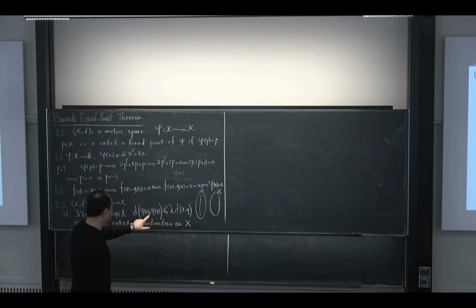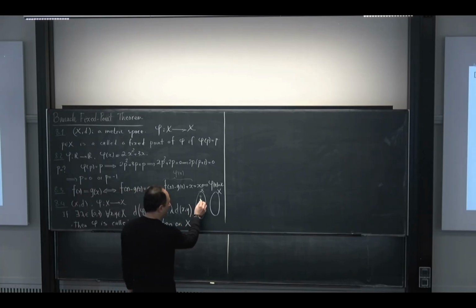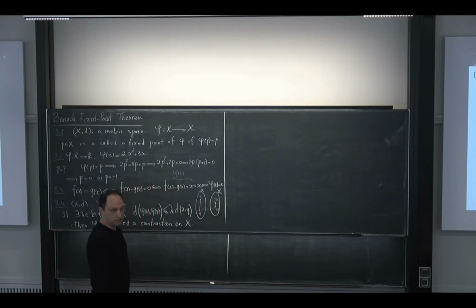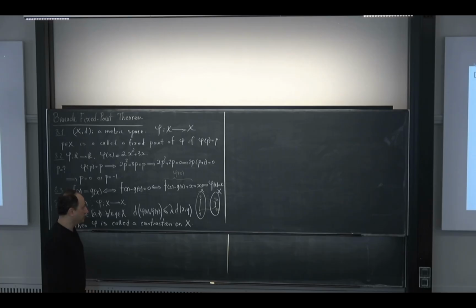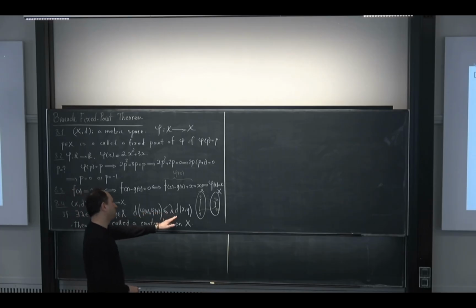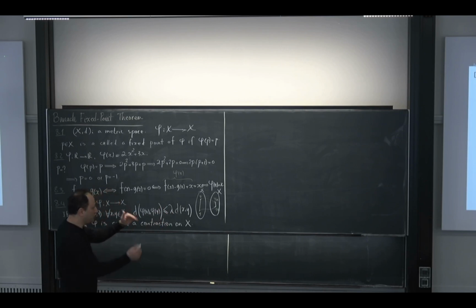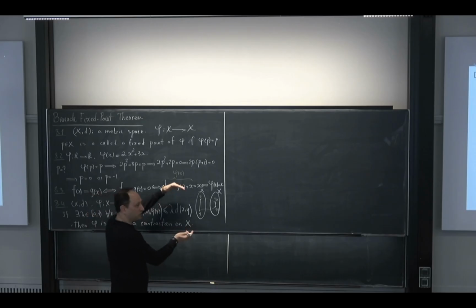Because it is being multiplied by a factor which is strictly less than 1. So this means that, for example, phi x goes here and phi y goes here, so that the new distance is smaller than the old distance. By what factor? By a factor of lambda. And it might be smaller even than the factor of lambda. But contraction is a good name because it contracts.